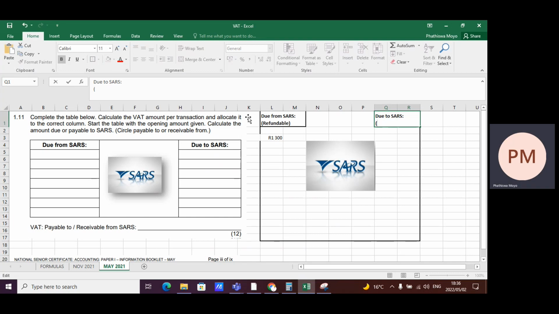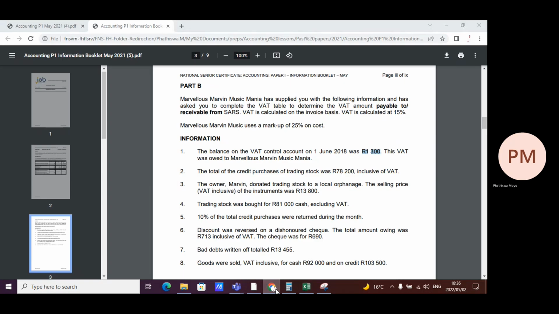And I'll make my notes here and say payable. Okay. Then they're saying the total of credit purchase of trading stock was 78,200, inclusive of VAT.